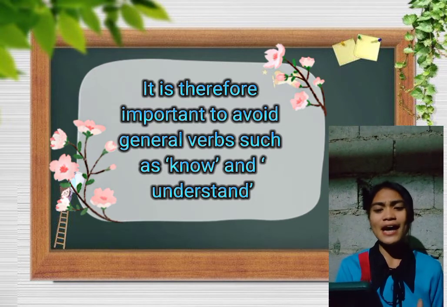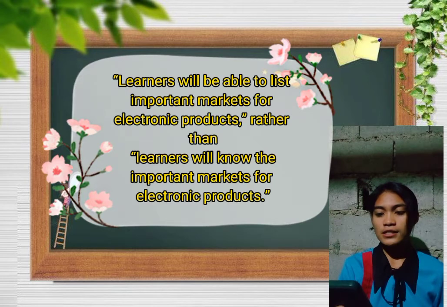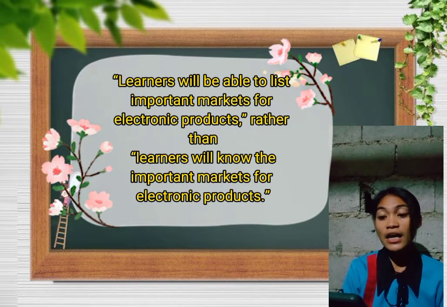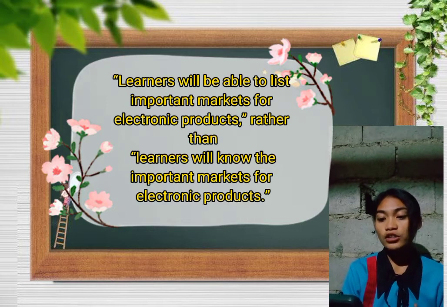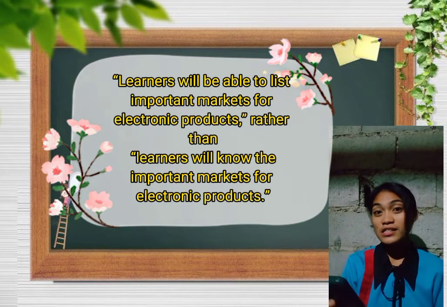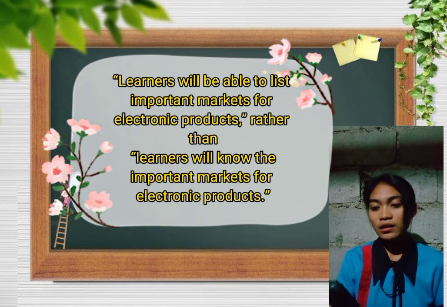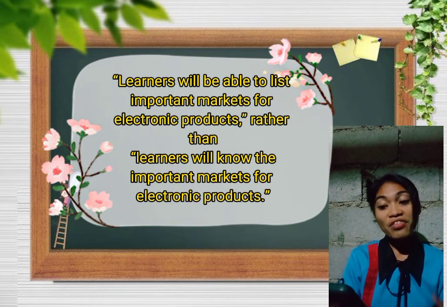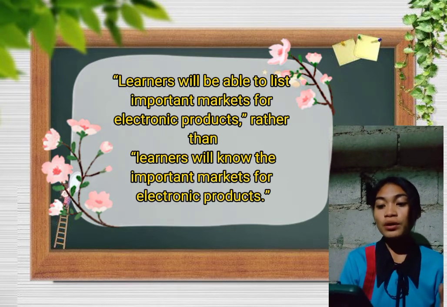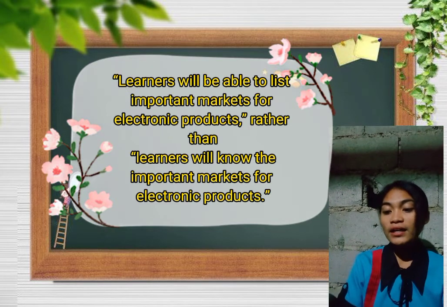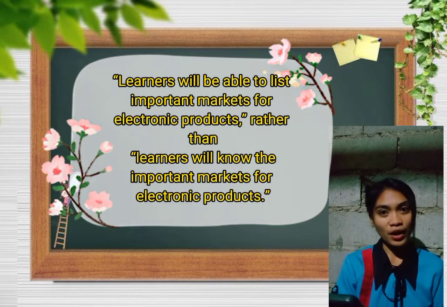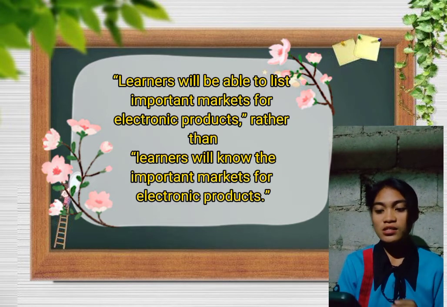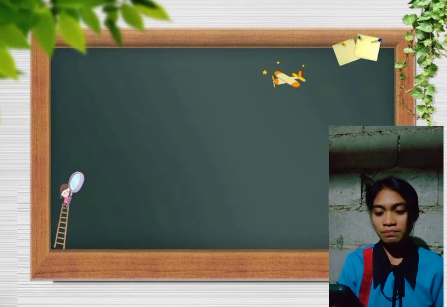For instance, in the phrase "learners will be able to list important markets for electronic products," list is the right verb to use, rather than "learners will know the important markets for electronic products." We will not use know because it is too general.